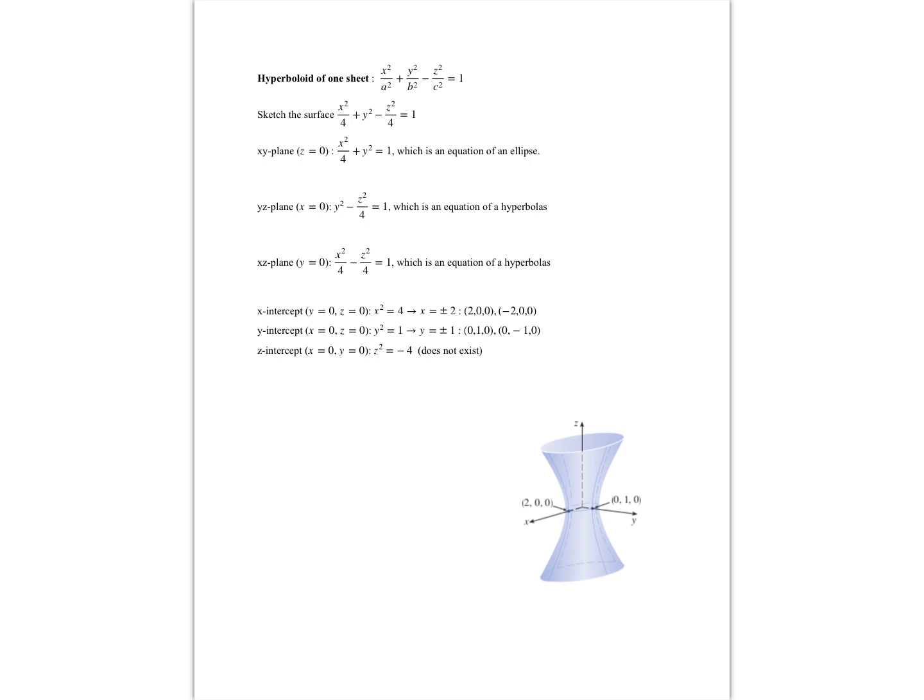We're going to do the same process: find the trace and find the intercepts. You really have to focus on finding the trace. The XY plane means z equals 0.